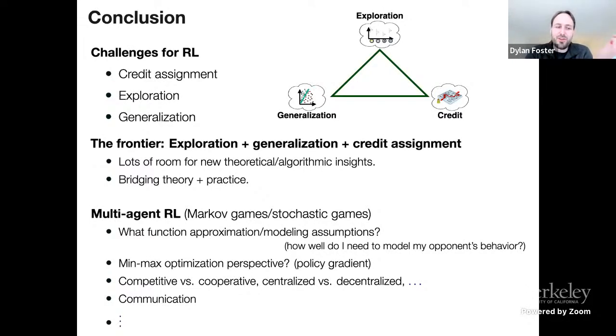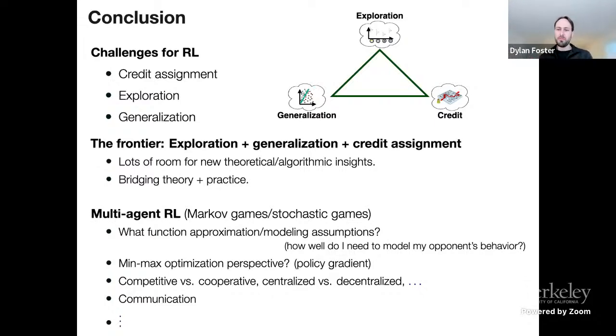Lastly, I'll give a little bit more of a teaser for Chi's tutorial later in the afternoon. The point of this is going to be, how does everything I talked about today change once we have an MDP that has multiple agents operating in it, either in cooperation or adversarially? This raises some cool issues. I talked a lot about function approximation and modeling today. How does this change once I have, say, an opponent?